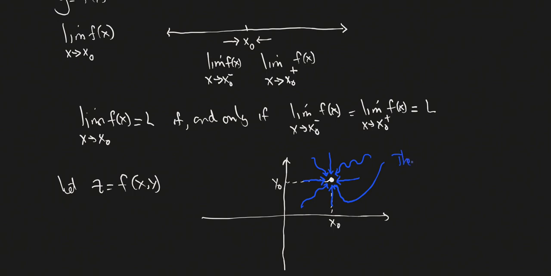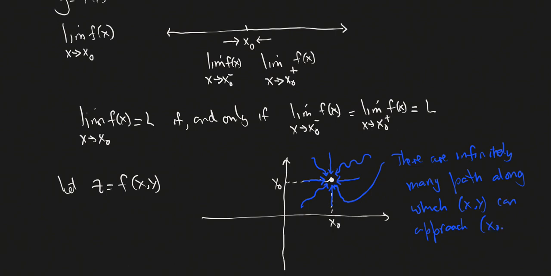So there are infinitely many paths or directions. I'll use paths, so infinitely many paths along which x, y can approach that fixed point, right?